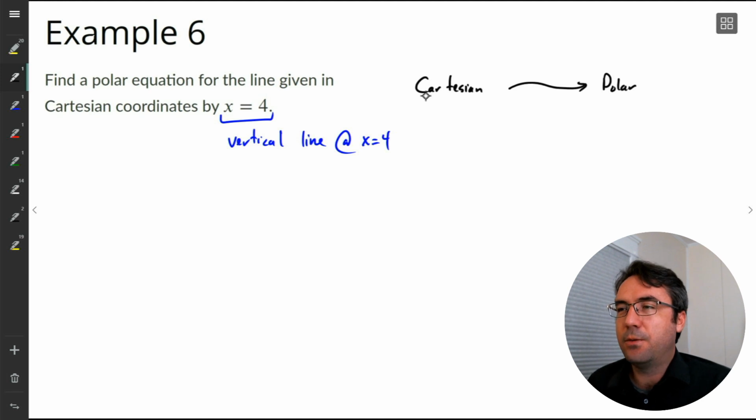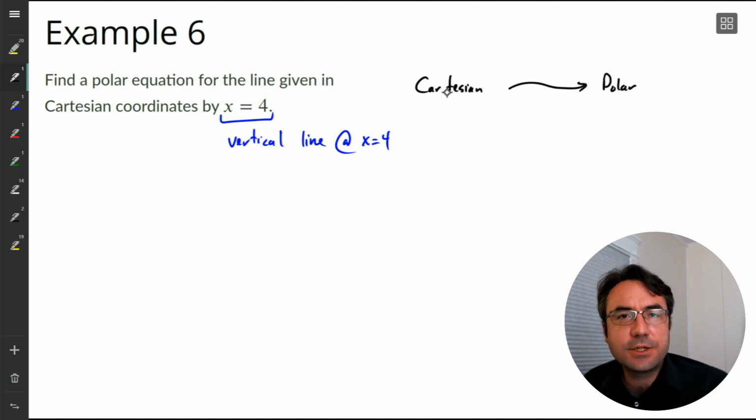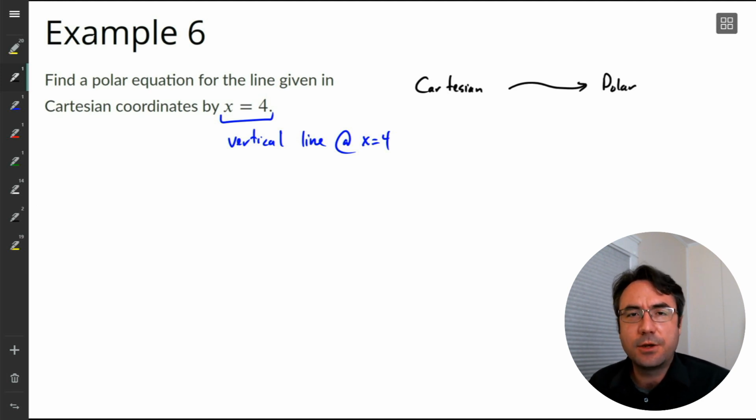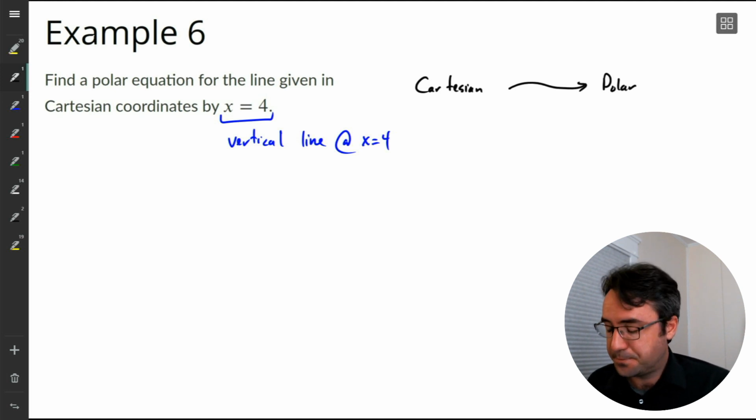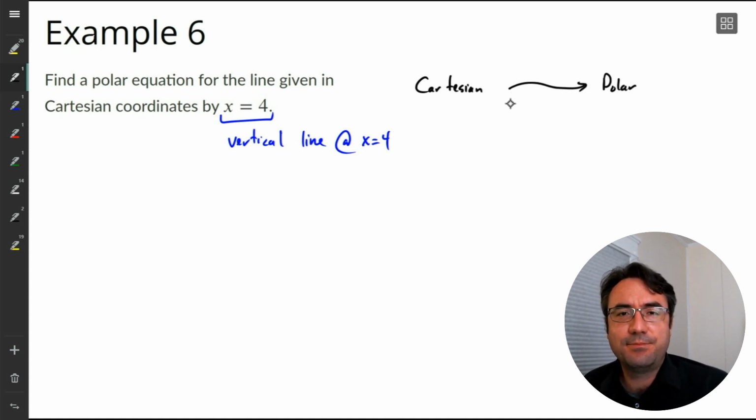So we want to think about what are the general things we have to work with.